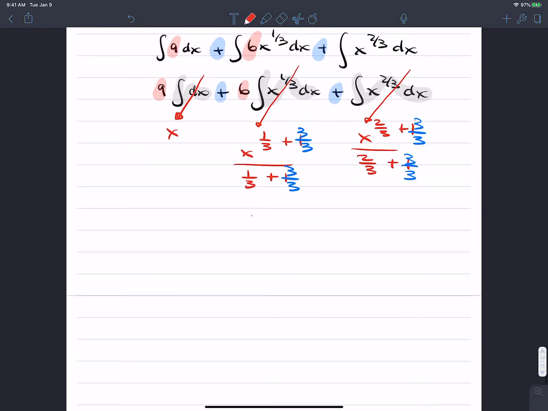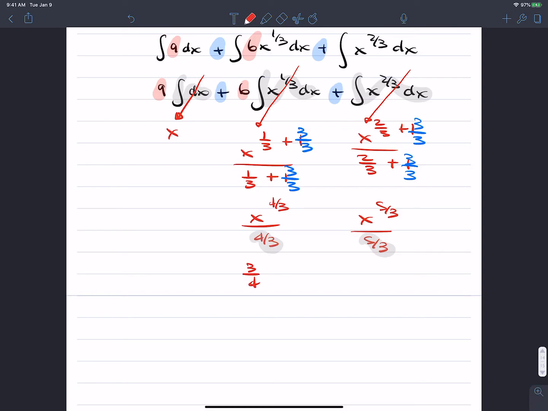Okay, so this is going to give us x to the 4/3 divided by 4/3, x to the 5/3 divided by 5/3. And you know that when you divide by a fraction, 4/3 and 5/3, you end up simply multiplying by the reciprocal.